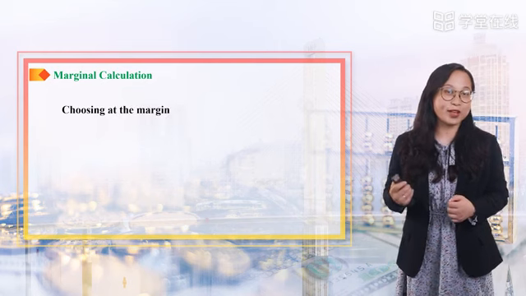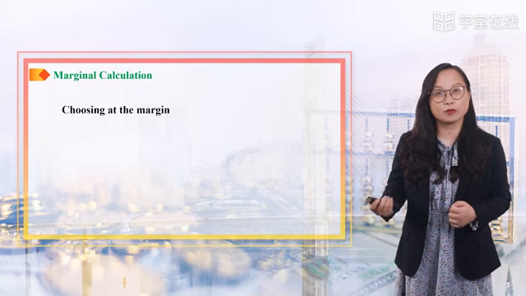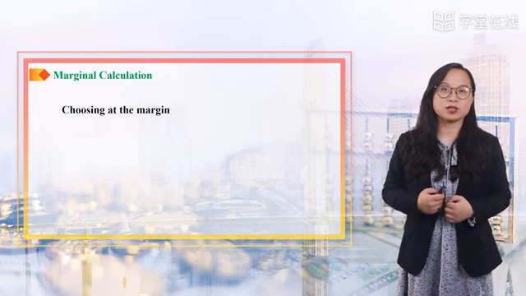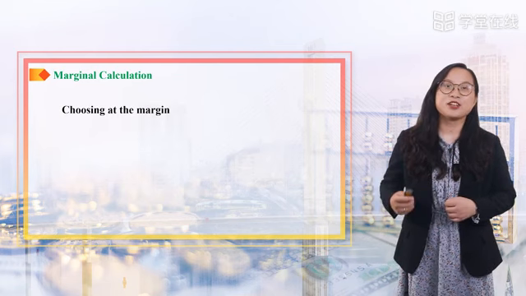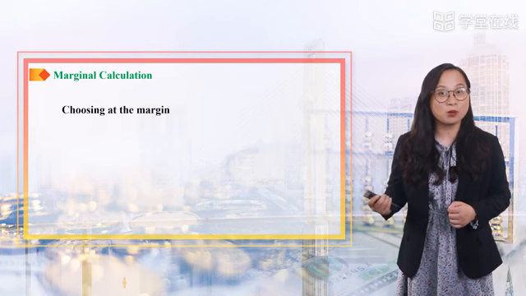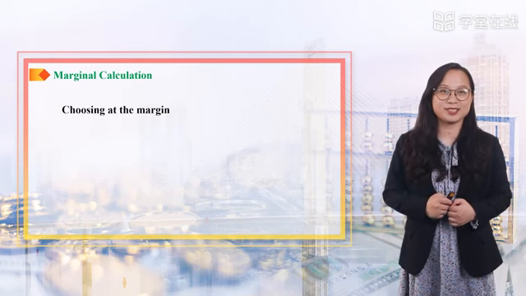A more natural way of finding the consumer equilibrium is to use the idea of a choice made at the margin. You might have a question: would spending $1 more or $1 less on a good bring more total utility?